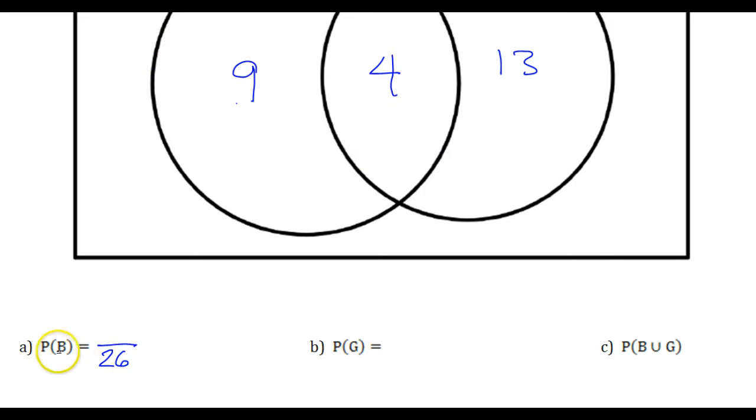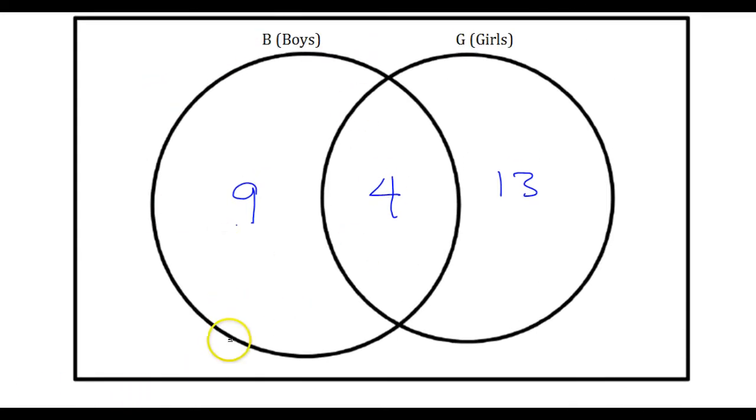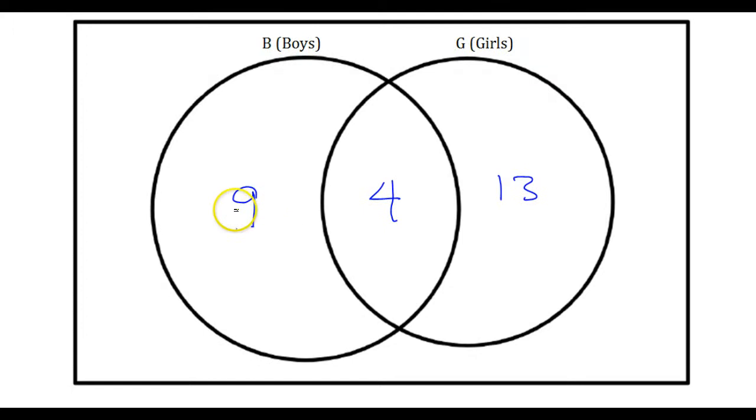Now, this says the probability of having a boy, the probability of being in the B circle. So that's 13. There are 13 parents in the boy circle. A common mistake is just to use the 9 and think that we're talking about boys only.